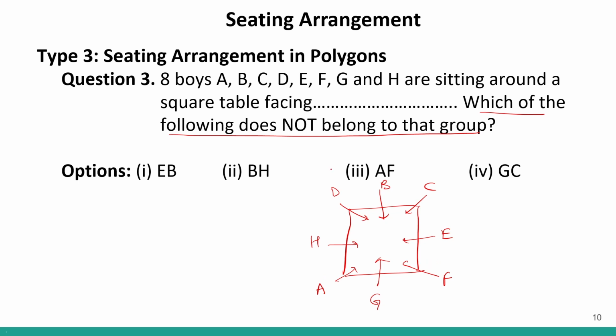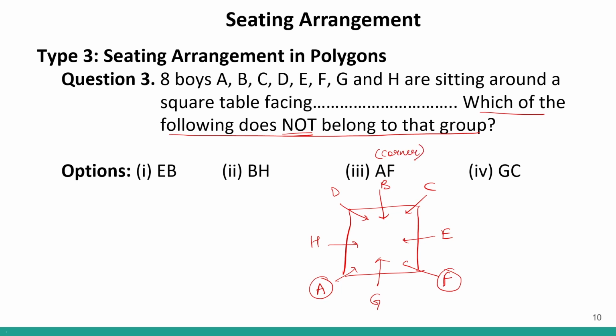Now 4 options are given to us. We have to answer who does not belong to the group. E, B, I can see between E and B there is one person. Correct? B and H. Again between B and H I can see there is one person. A and F. Again between A and F I can see there is one person, but A and F are at the corners. Correct?